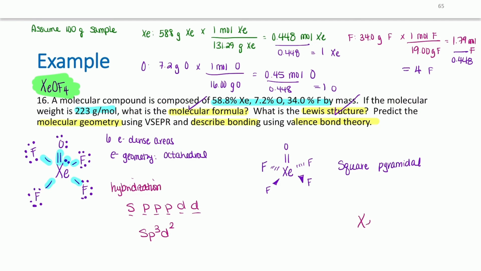If I drew that out, it's a lone pair here. It's sigma bonding to a fluorine here. Sigma bonding to a fluorine here. Sigma bonding to a fluorine here. Sigma bonding to a fluorine here.